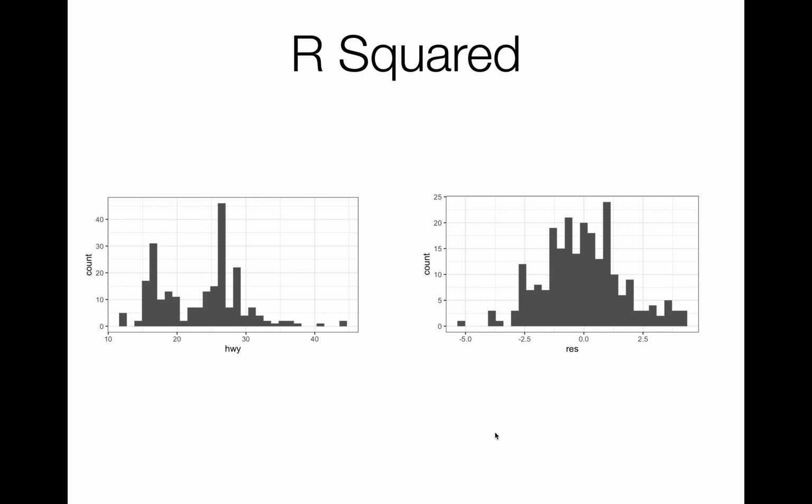If I looked at just the variation in highway, that's before I fit the linear regression, versus what's left over after I do the regression. Okay, so it's not going to predict it perfectly. There are still some variation points left over.